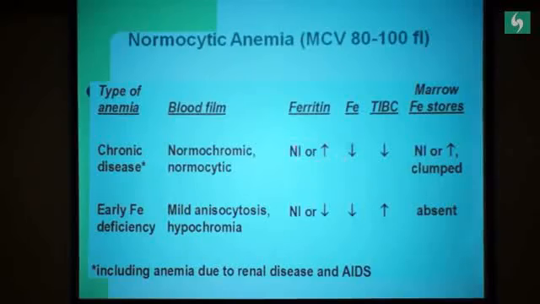Iron will be low in both cases. So if we look at only iron, we may not be able to pick it up. If we only look at the RBC indices, we may miss it. So we need to carry out the whole profile. Of course, everybody doesn't require a marrow iron, but short of it, iron, TIBC and ferritin should be integrated into all iron deficiency anemia work. So I hope that is clear.